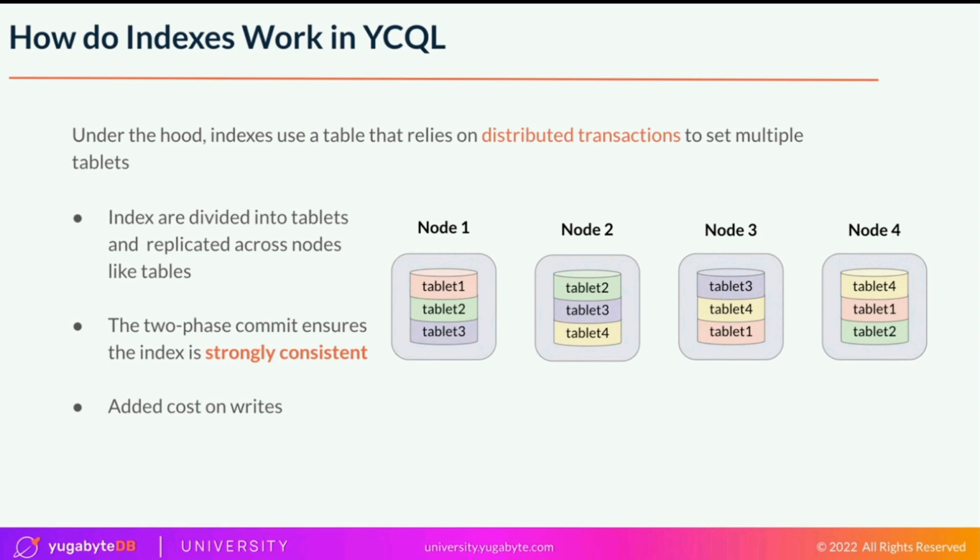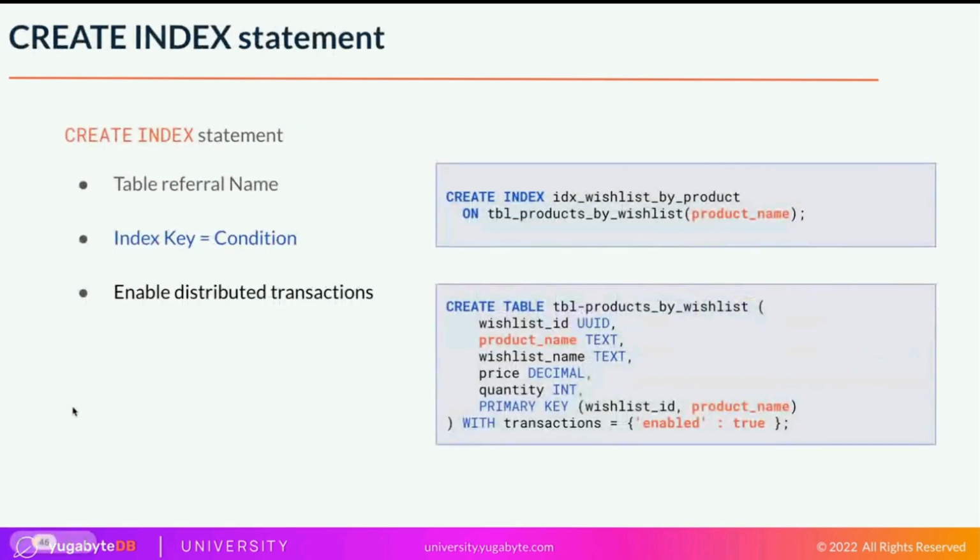The two-phase commit for transactions ensures that the index is strongly consistent and remains fast. Next slide. Here we're going to talk about how to actually create an index in YCQL. Once again, we are using the Cassandra query language to create this index. So we're using the create command.